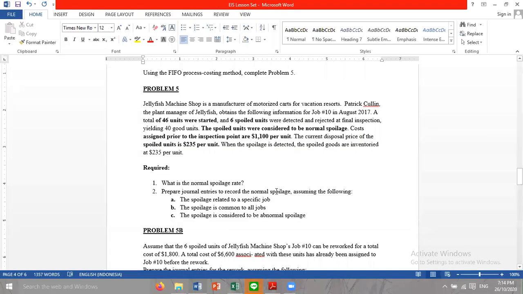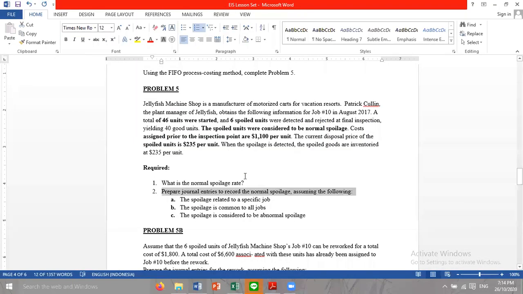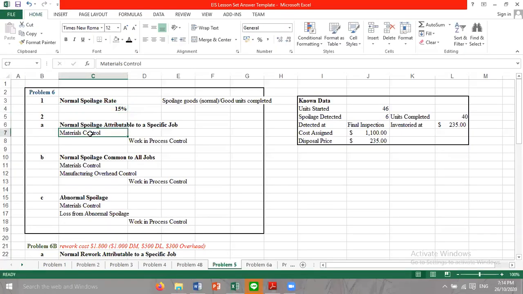Okay. And then here, prepare journal entries to record normal spoilage assuming the following. All right, so as mentioned before, we just need to prepare the journal entries. First of all, if it's attributable to a specific job. According to the theory, if it's attributable to a specific job, we debit materials control and we credit work in process control. So how about the amount?